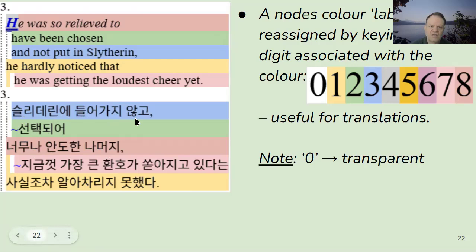You can see the order's changed in the translation, so that could be useful to help understanding. You just type the number key.